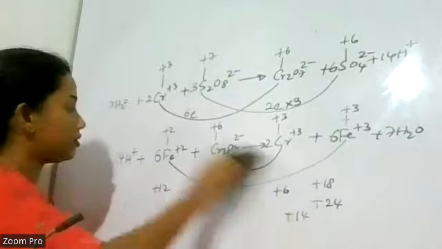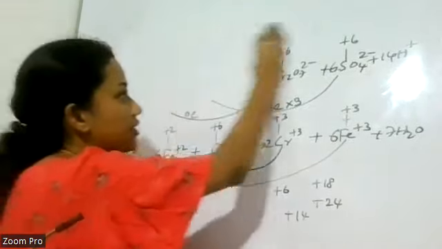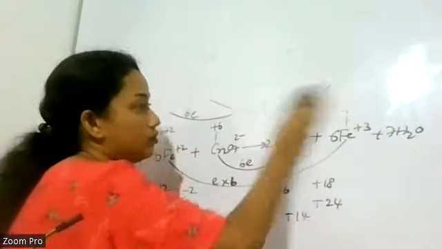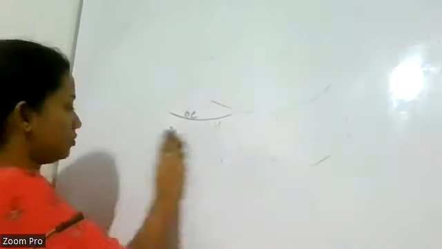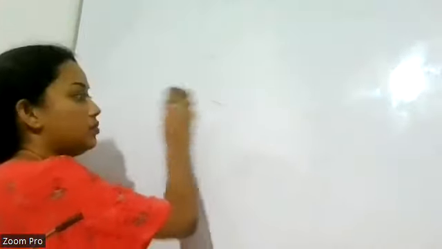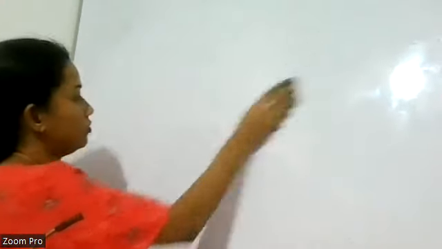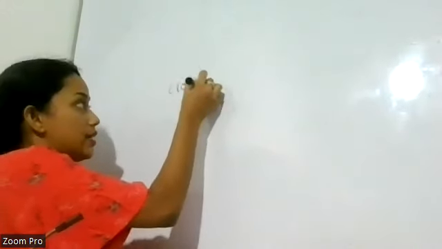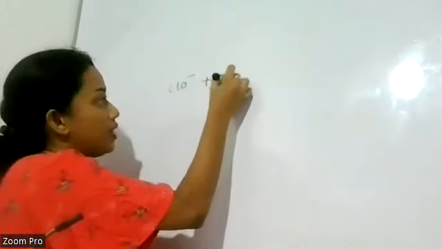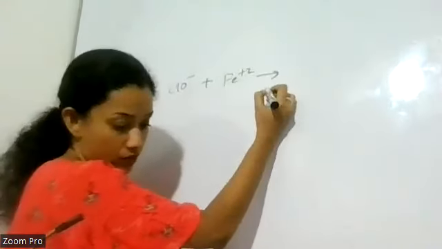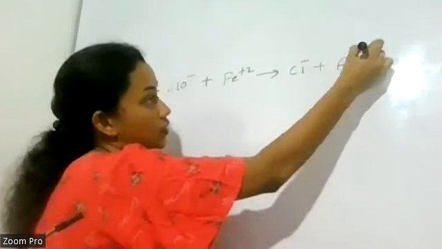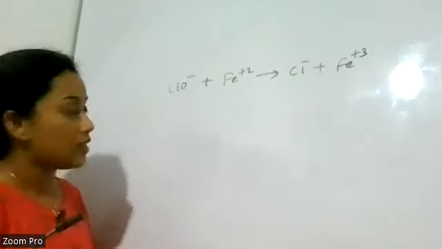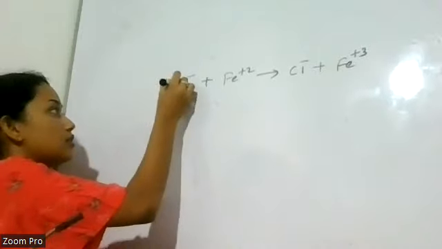Final example for balancing equations in acidic medium. ClO minus plus Fe2 plus into Cl minus plus Fe3 plus.